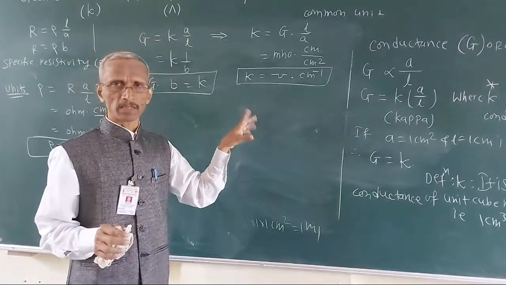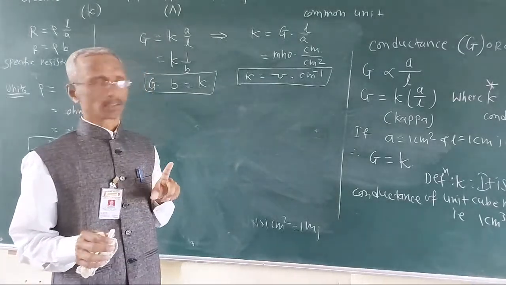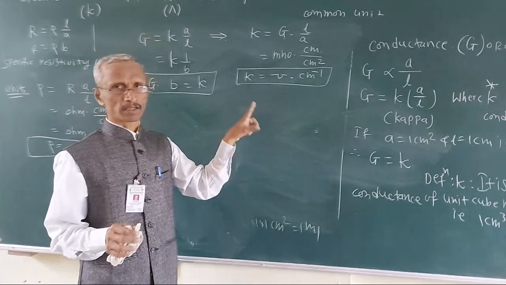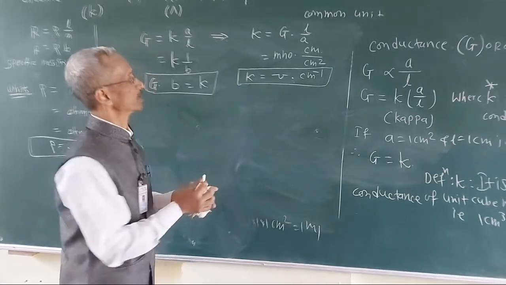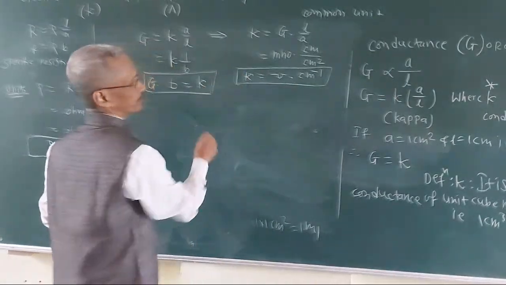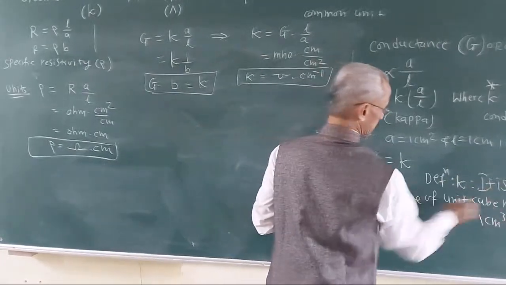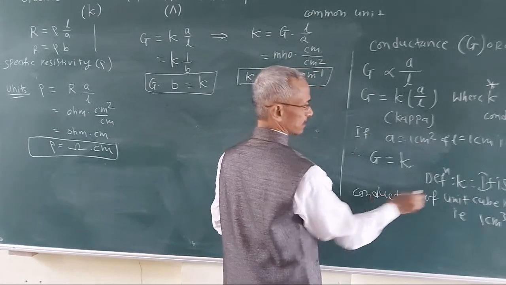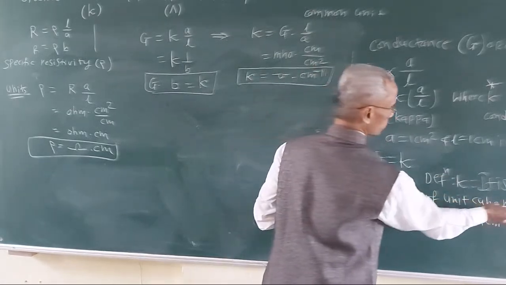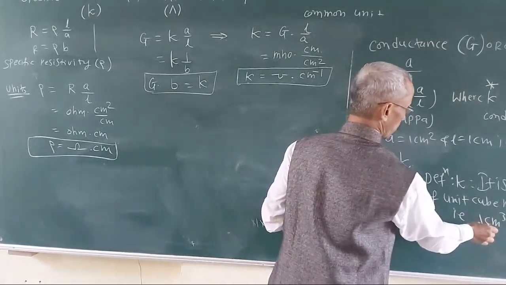So whatever material is in 1 ml, its conductance is the specific conductivity. It is the conductance of a unit cube of material, that is 1 cc.